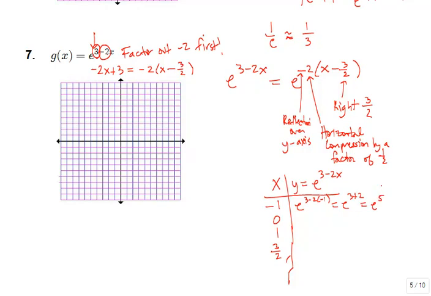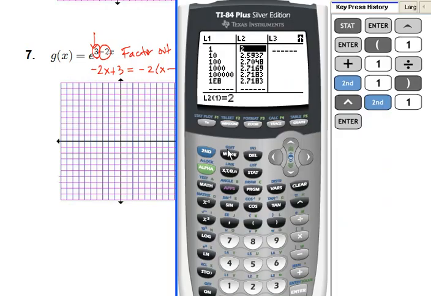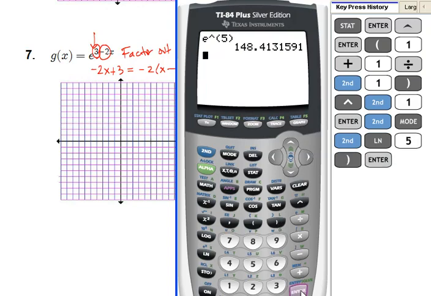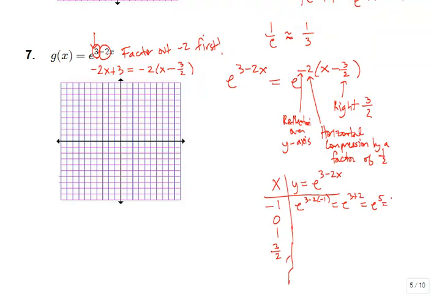And that is probably not something that you know the value of, so you would need to go to your calculator, and you could just type in second ln, that gets you to e to the x, and I'm going to type in my 5. So e to the 5th is 148. So that's huge. This is going to be very big and way off my graph. So there's no way that I'm going to be able to actually plot that point.